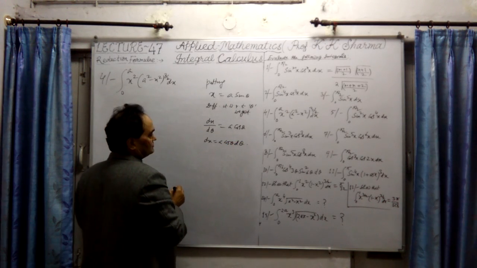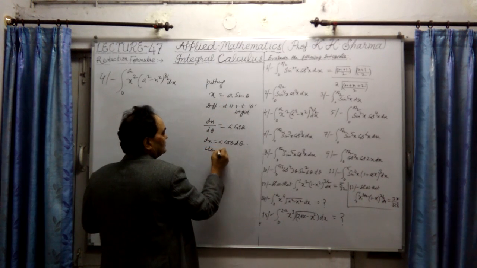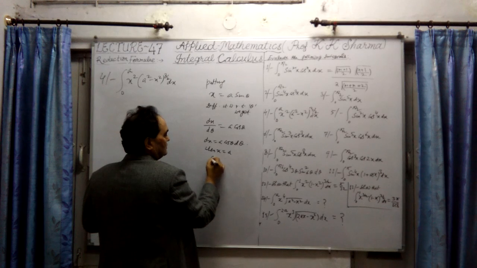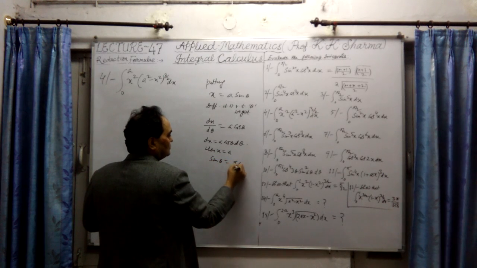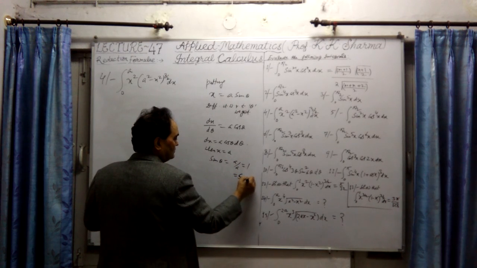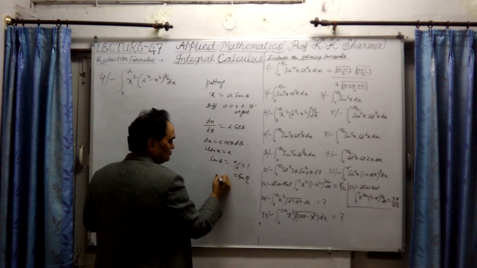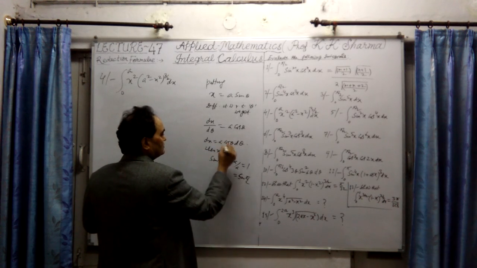Limits, let me substitute here. When x equal to a, sin theta is equal to a upon a equal to 1, equal to sin pi by 2, because 1 is sin pi by 2, therefore theta is equal to pi by 2.